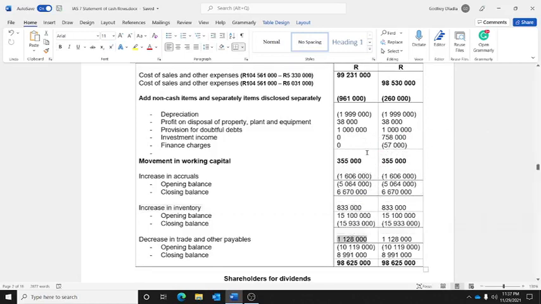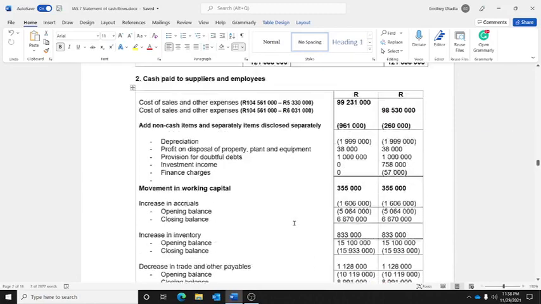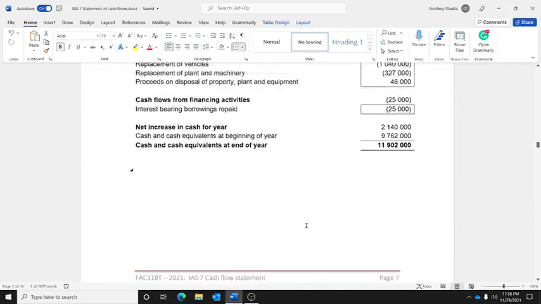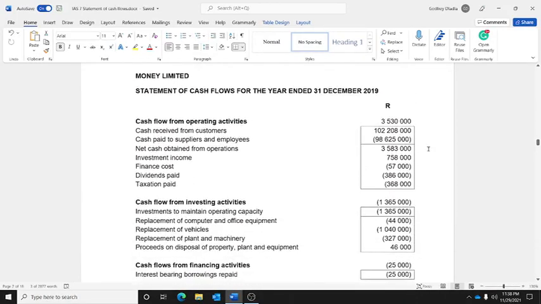Right, they give me the 355. Then you add these ones, then you can get that. On this side they take this minus this minus that plus that, then it will give us this figure here. Then you must not change your figures. When you're done, you put the amount here.